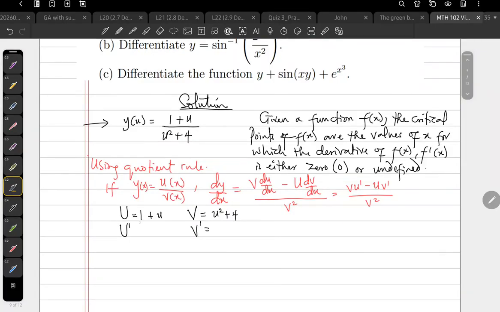The derivative of 1 plus u is just going to be 1, because the derivative of 1 is 0 and the derivative of u is 1. While the derivative of u squared plus 4 is 2u, because the derivative of u squared is 2u and the derivative of 4 is 0. To use the quotient rule, we just want to do this times this minus this times this divided by v squared.